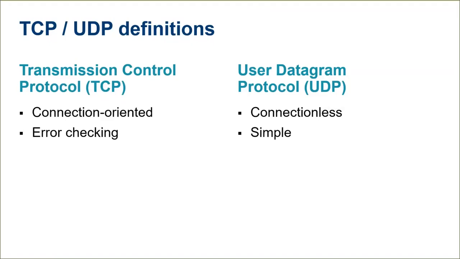So UDP typically relies on higher level layers of the OSI model stack, such as the application layer, to detect whether retransmission of the data is needed or not. UDP-style communications are used for applications where precise timing is required, and some extra overhead in TCP can make the message less deterministic.